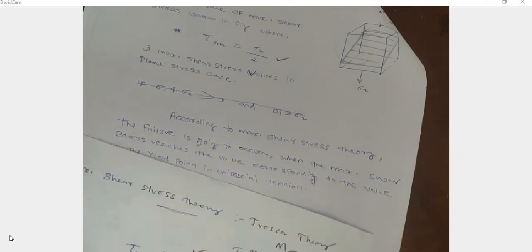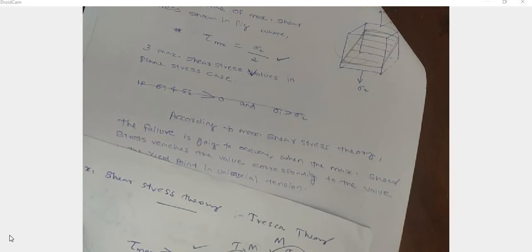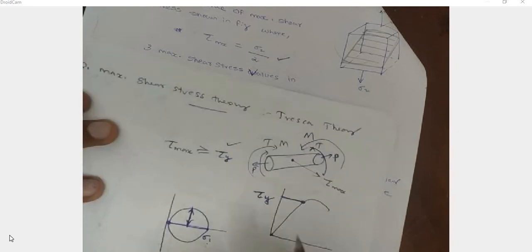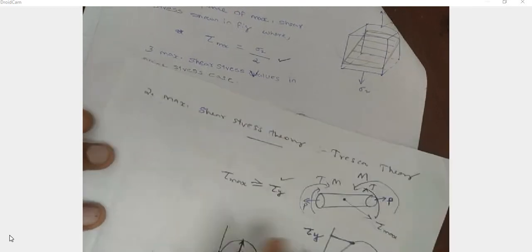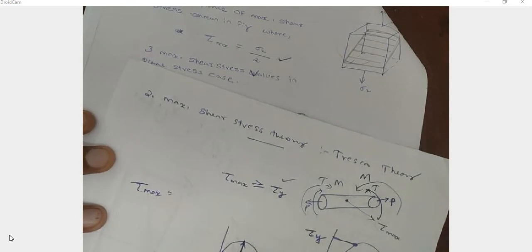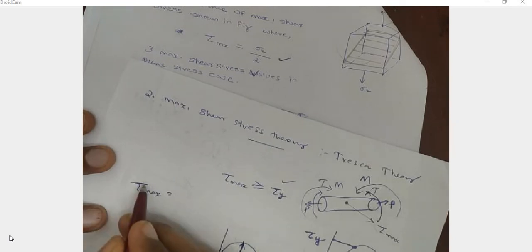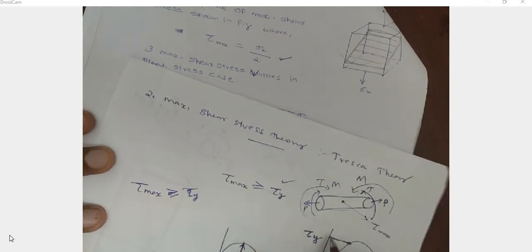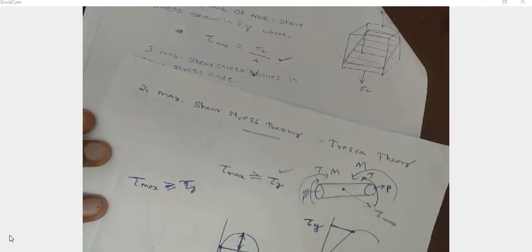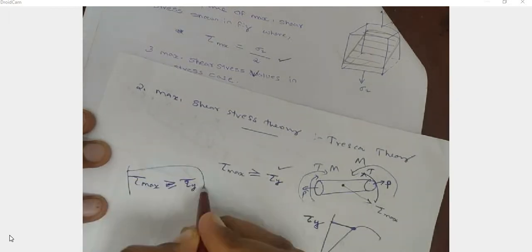This is tau y, the shear stress corresponding to the yield point. So if tau maximum, which may be equal to sigma 1 minus sigma 2 by 2, or sigma 1 by 2, or sigma 2 by 2, is greater than or equal to tau y, then there will be a failure. That is the maximum shear stress theory.